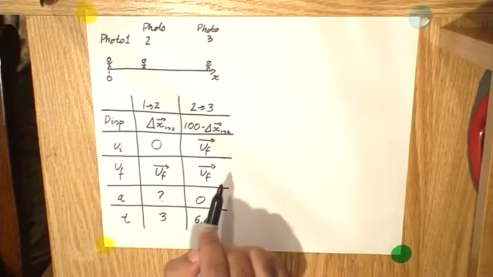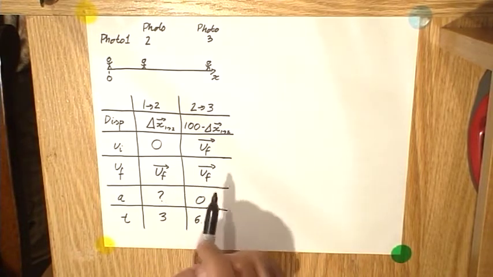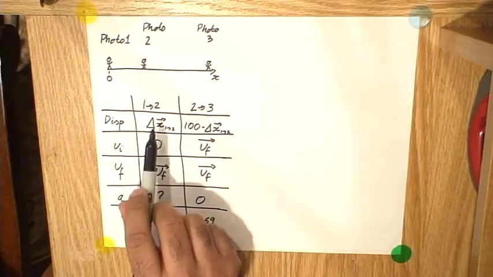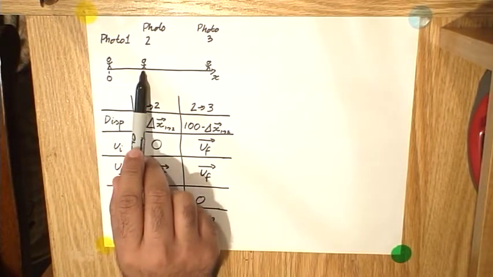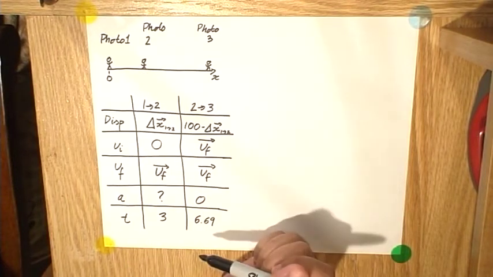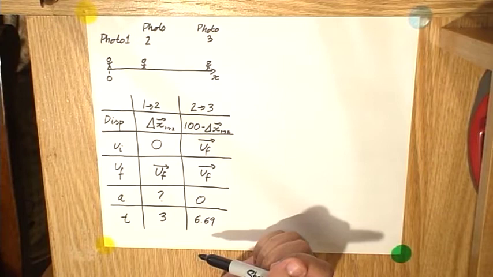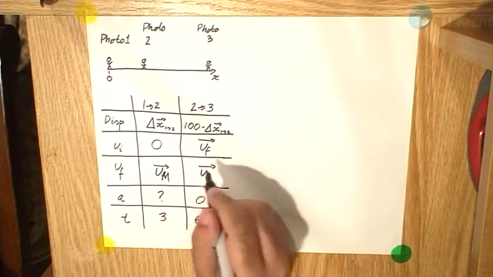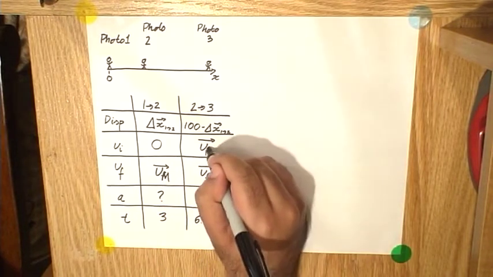But what we see is that there are really only 2 unknowns in this entire question. One is how far he moved between photo 1 and photo 2, and the other is what was his velocity at photo 2? What was his maximum velocity? In fact, to make this a little bit clearer, I'm going to symbolize this as V sub m to represent maximum velocity.